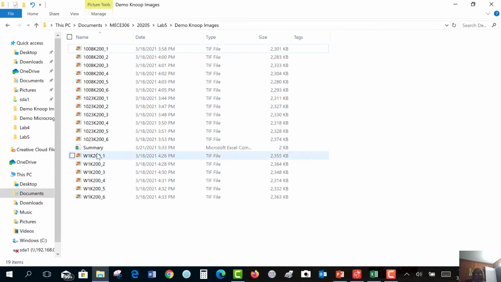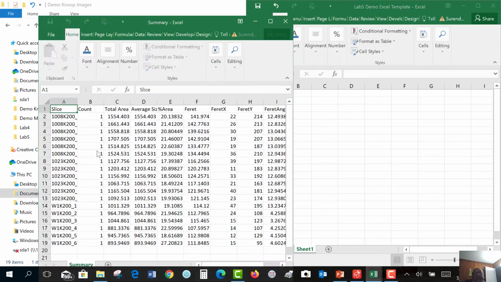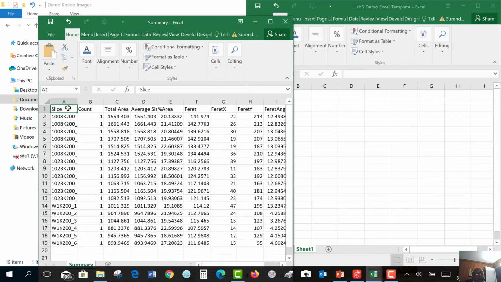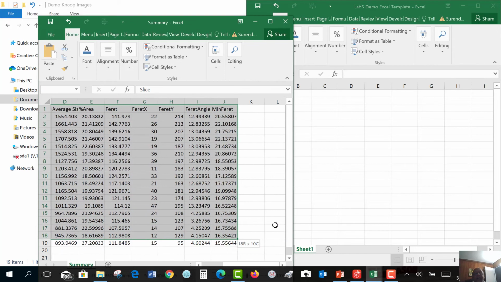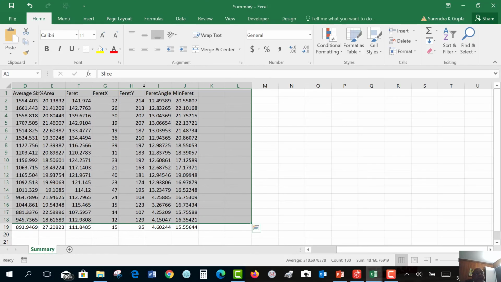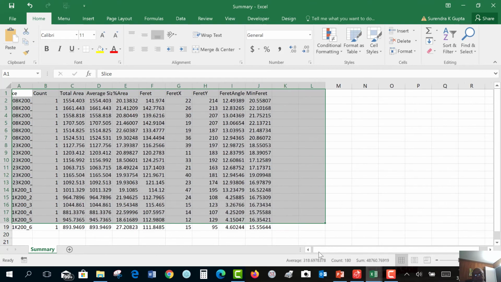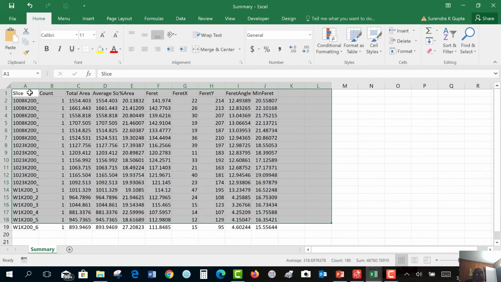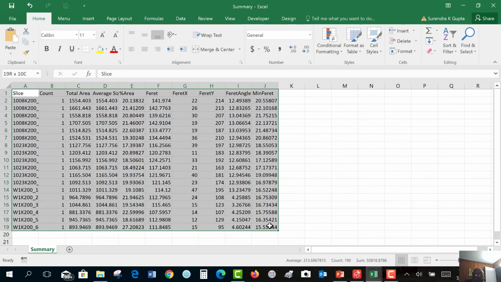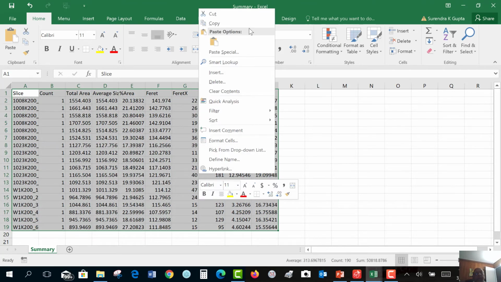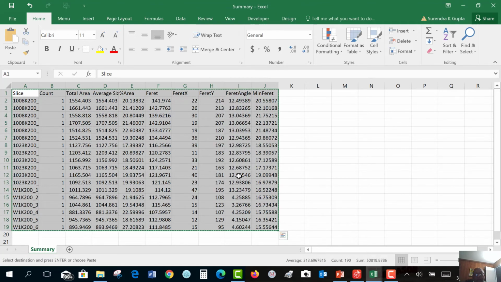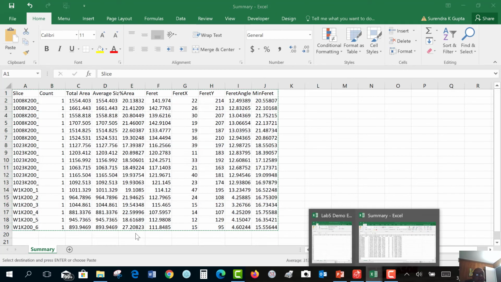I'm going to open the summary file, copy all these values into my spreadsheet.